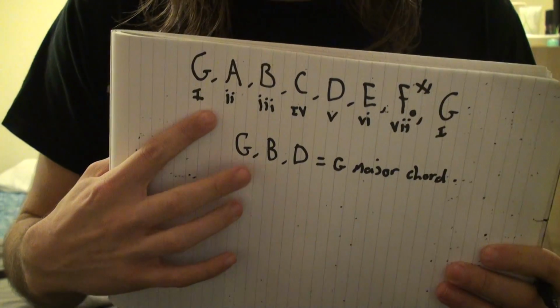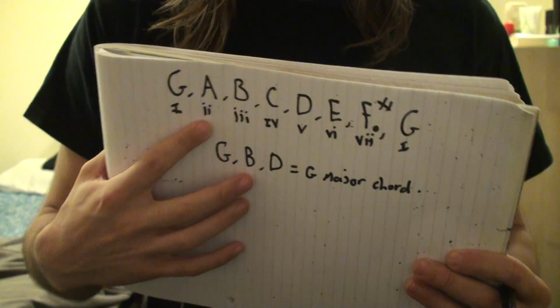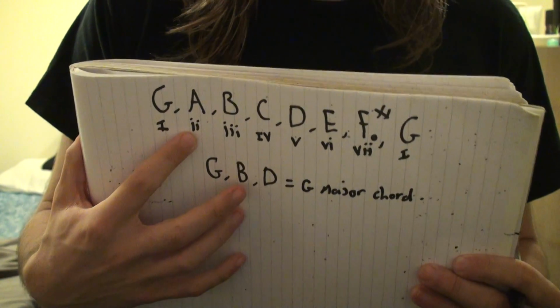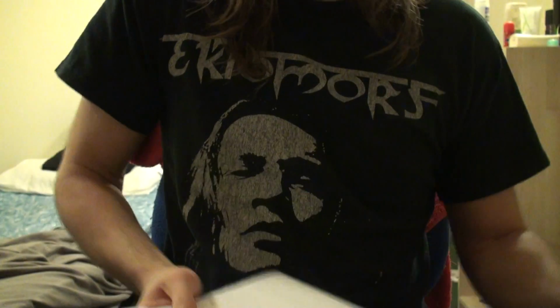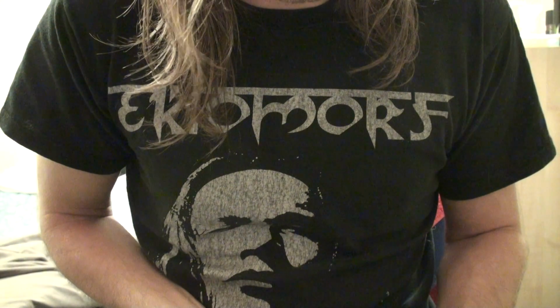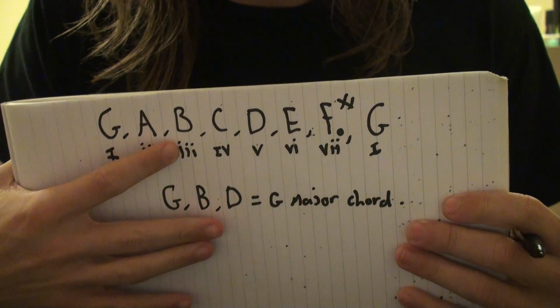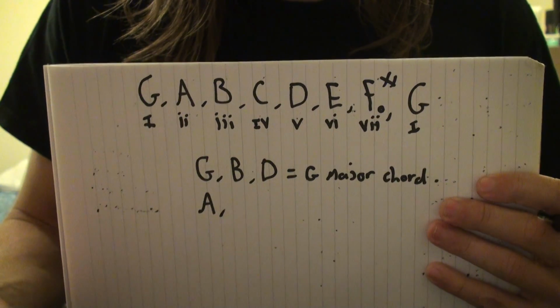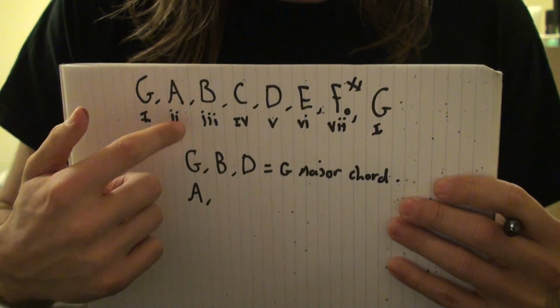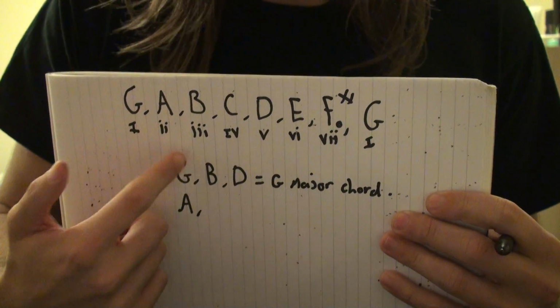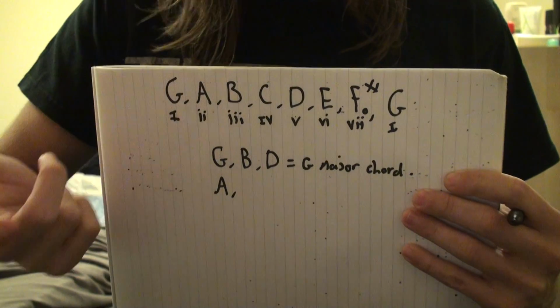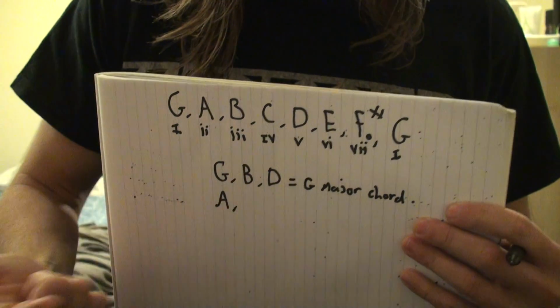So the next chord that we have is A. That is a minor chord, you can tell because it's not capitalized. So we have A. From A to B, we have one note. Oh, I know we don't. Sorry, we have two notes, A and A sharp.